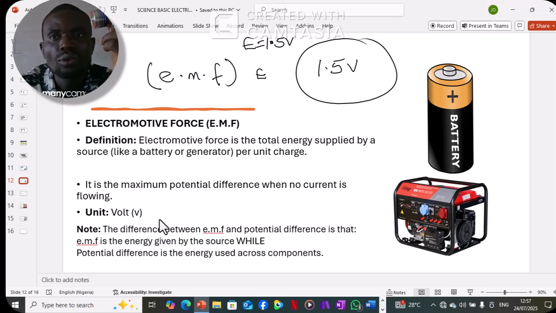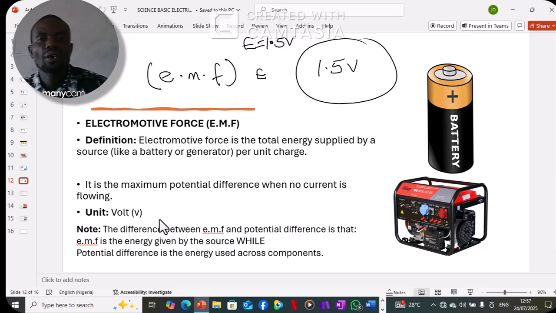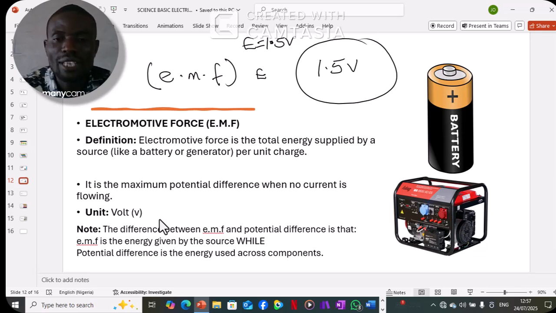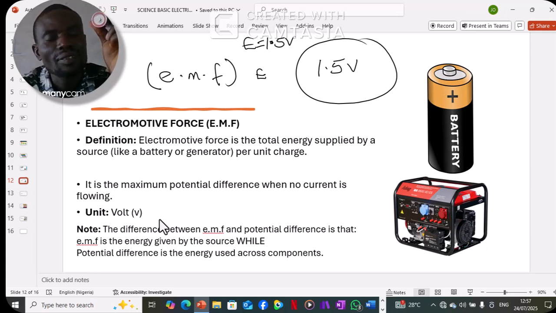When you connect the circuit and the switch is off, it means it's an open circuit. No current is flowing. We can say it is the total potential difference in an open circuit. But when you close the circuit through the switch or key, current will begin to flow, and it is no more EMF.